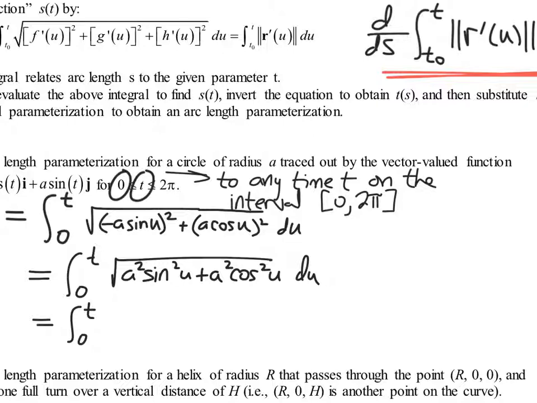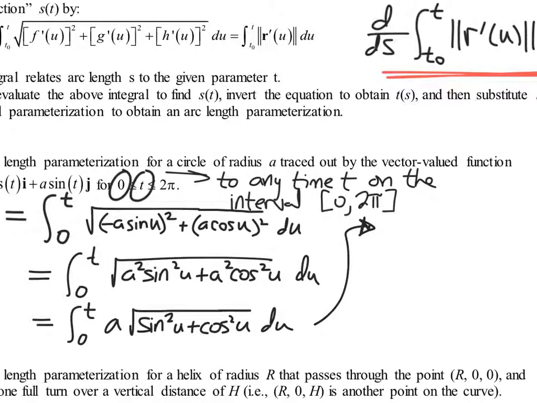We have a GCF of a squared that could be pulled out of the entire radical, right? Pull it right out and make it an a. You factor out the a squared, but then take its square root, and it becomes an a.